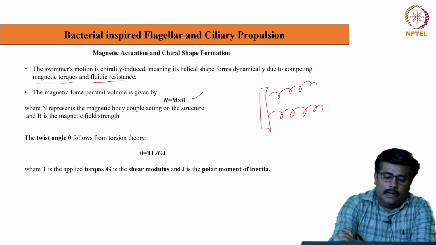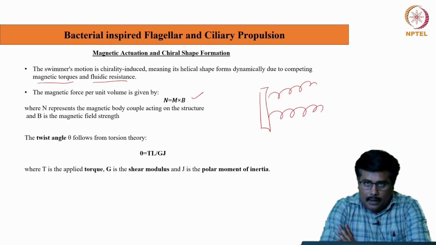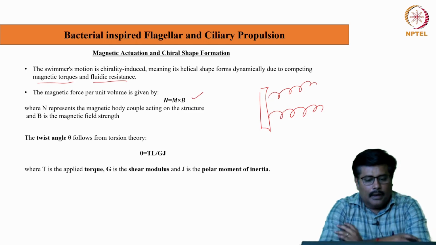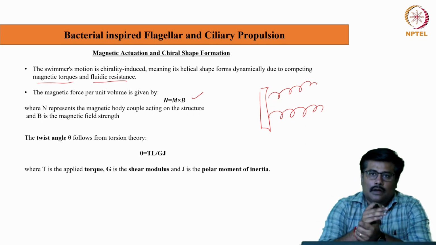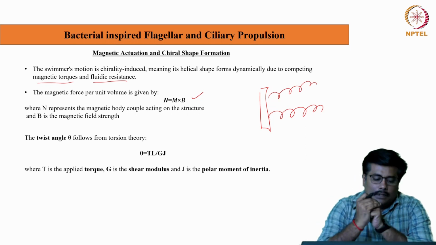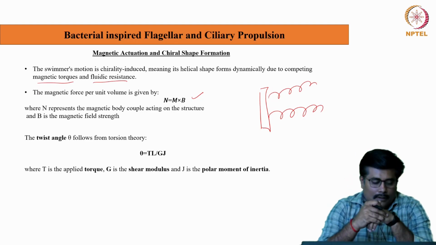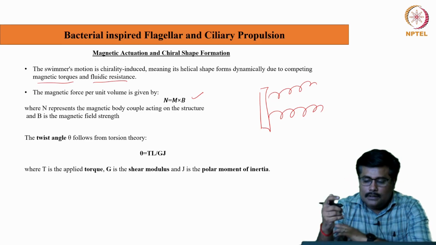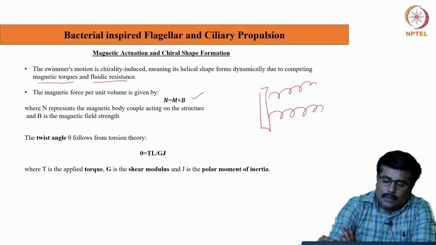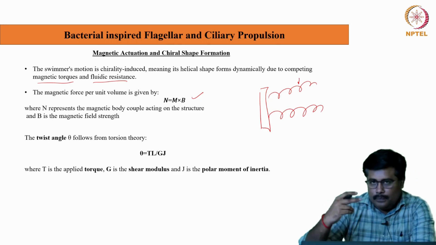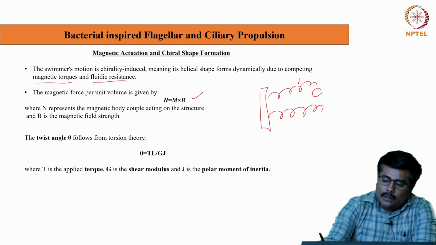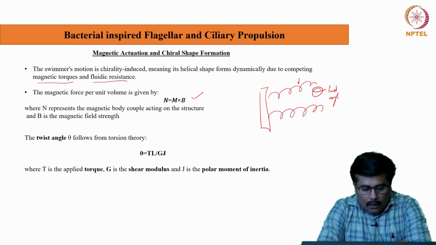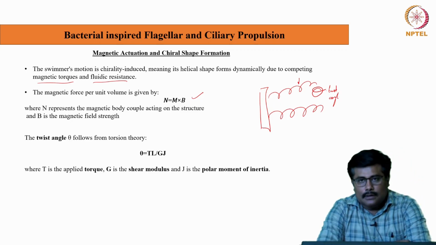If you closely observe, the magnetic forces per unit volume are given by the relation N equals M into B, where N represents the magnetic body couple acting on the structure and B is the magnetic field strength. Since we are considering chirality induced structures, the twisting angle theta comes into the picture.